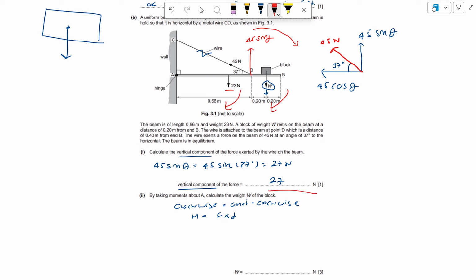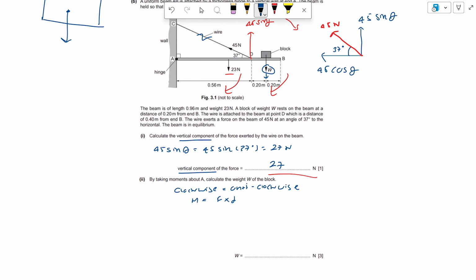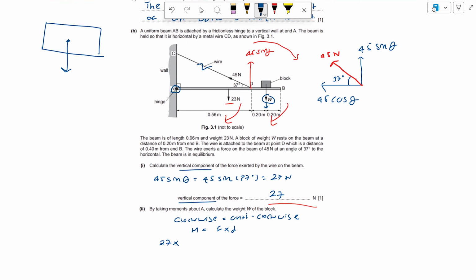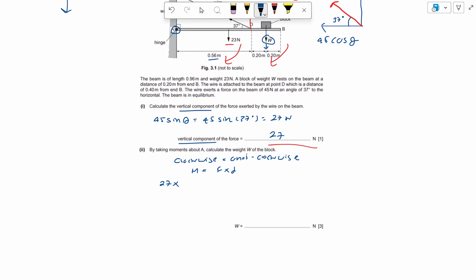Obviously, they're all technically clockwise, but when writing the equation, it's nice to consider them as one clockwise and one anti-clockwise, since they occur in the opposite direction. So let's go clockwise. We have 27 times the distance from the pivot. Our pivot is here. So the distance is 0.56.